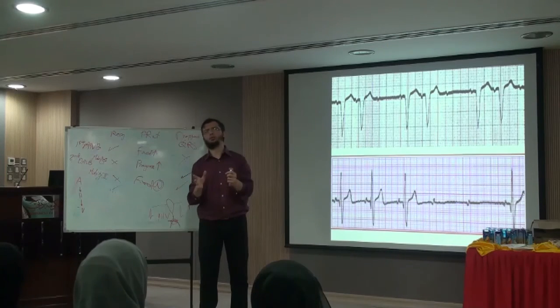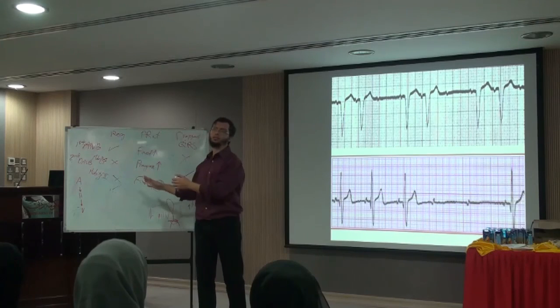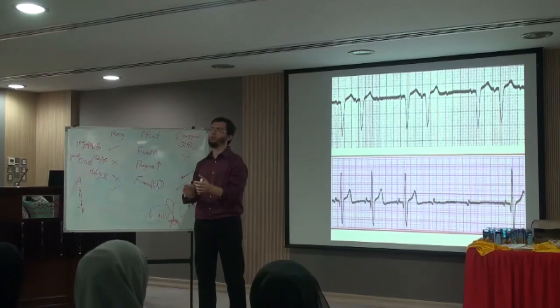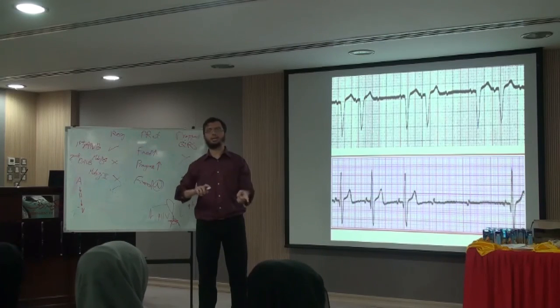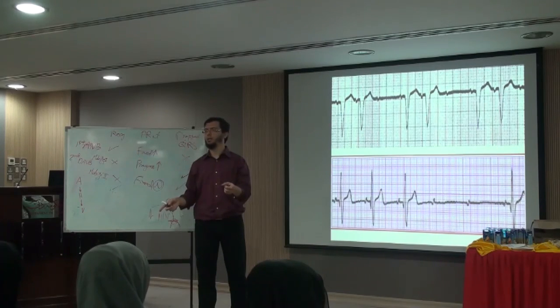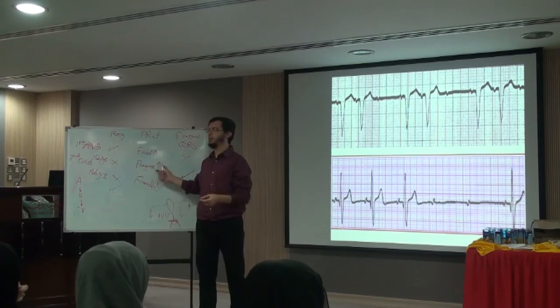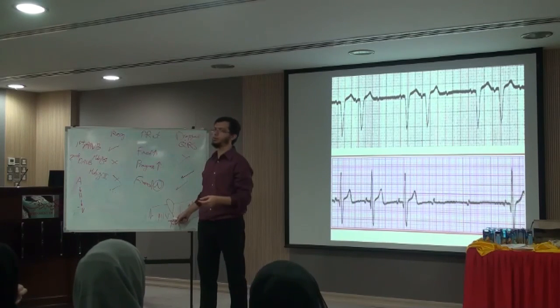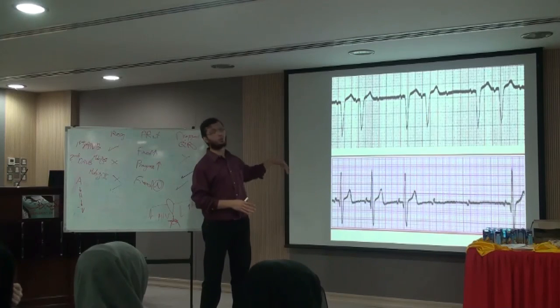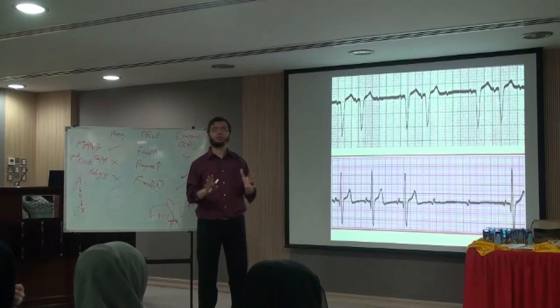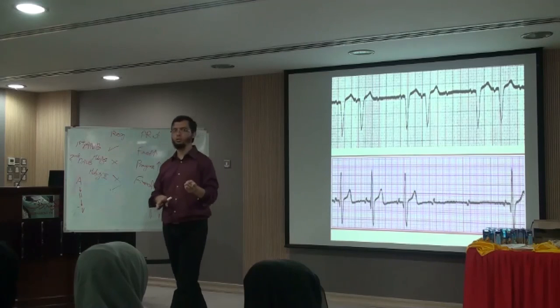Don't say, if the QRS complex is wide, I will make it third degree, and if it is narrow, I will make it second. No, this is not proper, because both second degree Mobitz type 2 and third degree can be suprahisian or infrahisian. So they can be both narrow or wide. So do not decide the degree according to the width of the QRS complex.